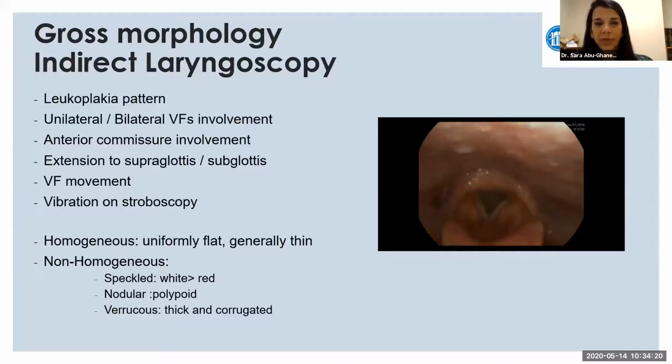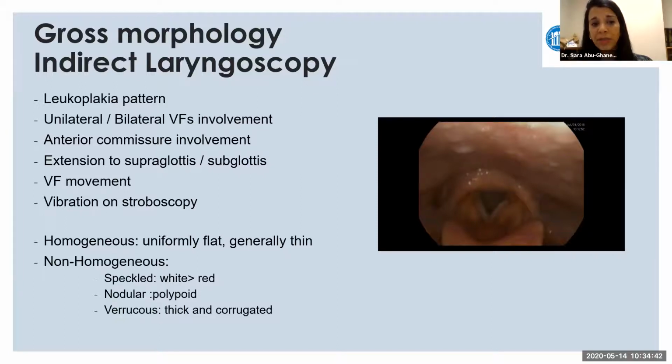Of course, it's very, very important to note the vocal fold movement, especially later on if that's indeed a cancer, and vibration under stroboscopy.